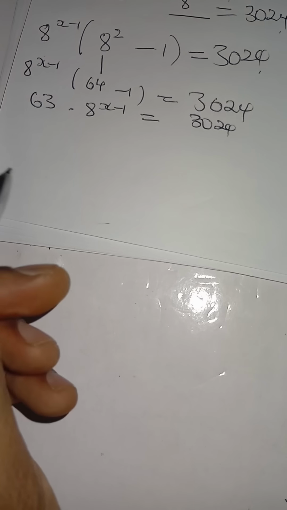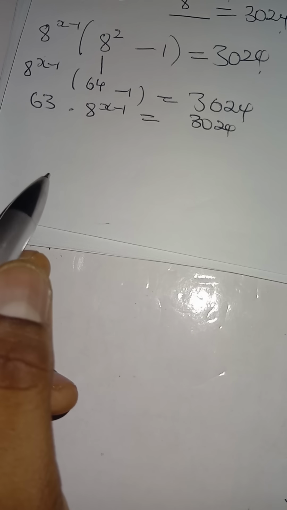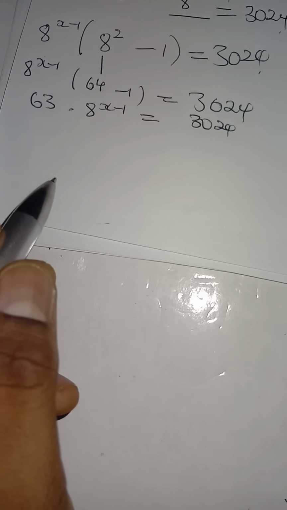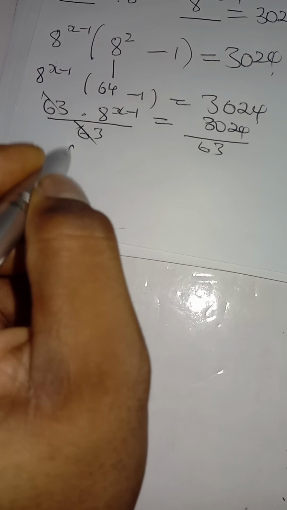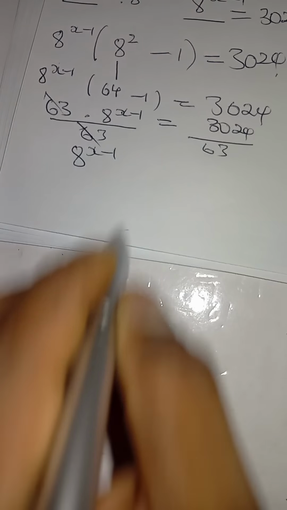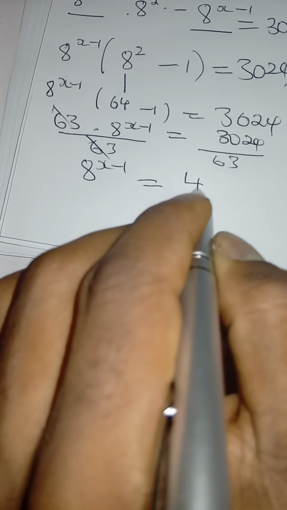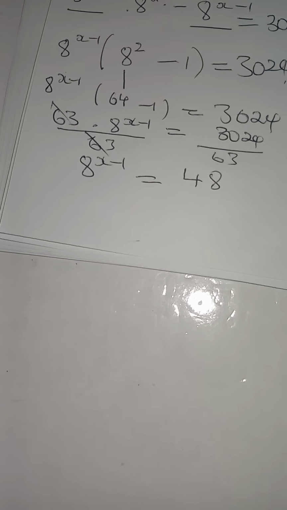So we have divided both sides by 63. So 8^(x-1) is equal to 48.